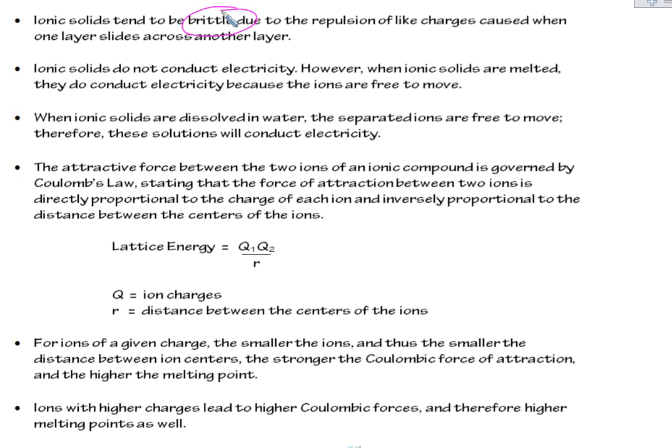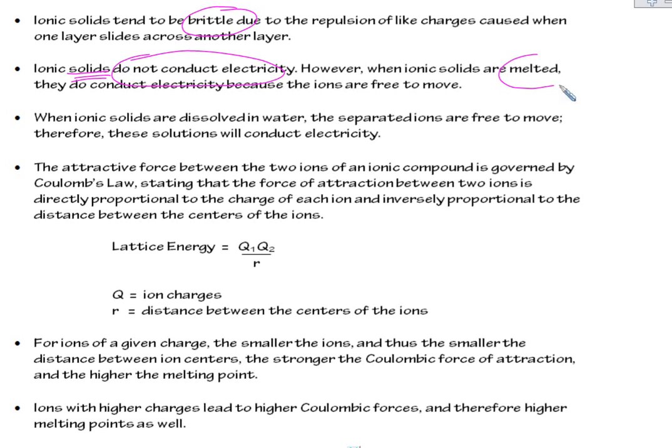The solids do not conduct electricity. In the solid phase, we do not conduct electricity. In order to conduct electricity, you need moving charged particles. Well, an ionic solid is very rigid. Those ions aren't moving. So if you want to get the ions moving, you have a few options.